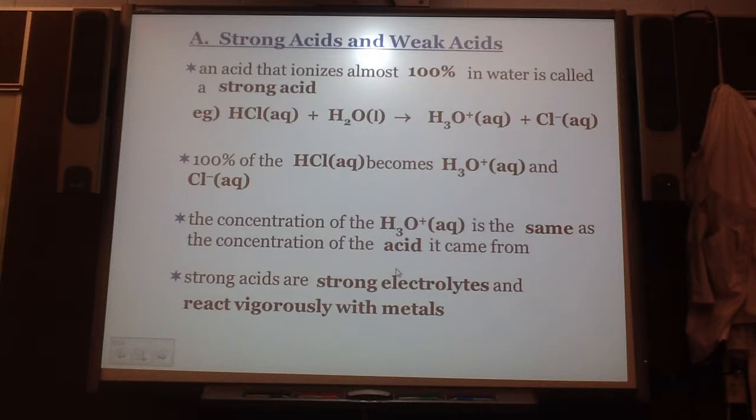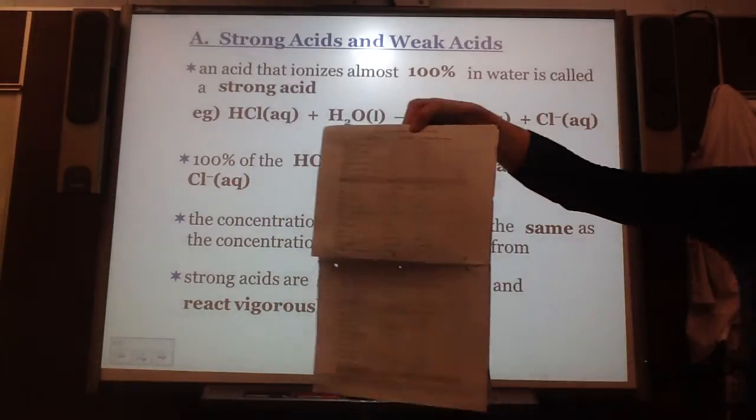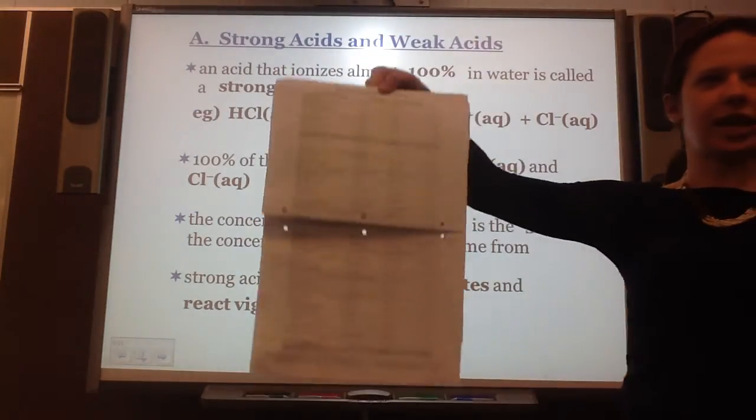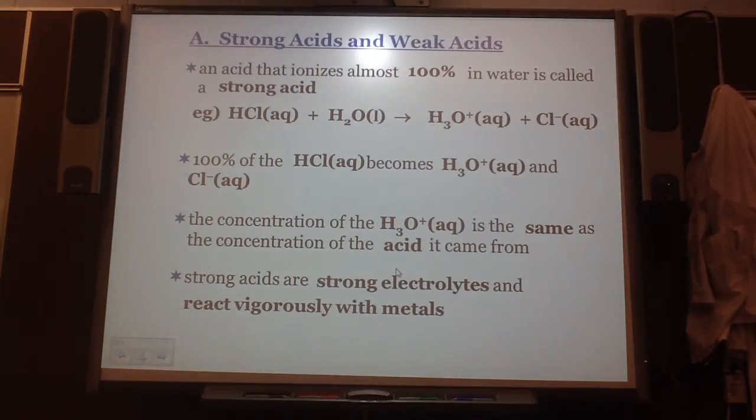So turn your data booklets to page 8 and 9. Can you see it? 8 and 9, okay. So there are 6 very strong acids. Now this chart is mostly used in Chem 30, but you can use it in Chem 20, and it's for this one thing.